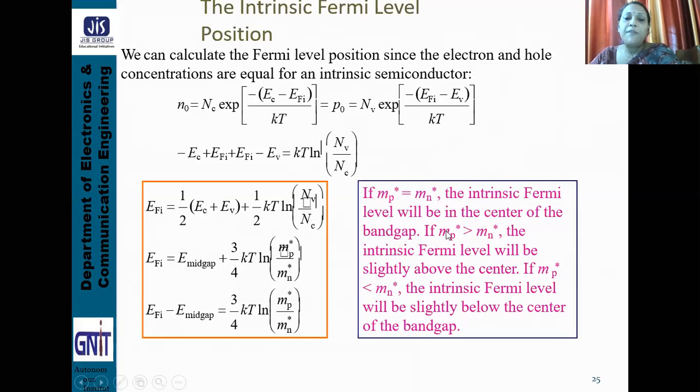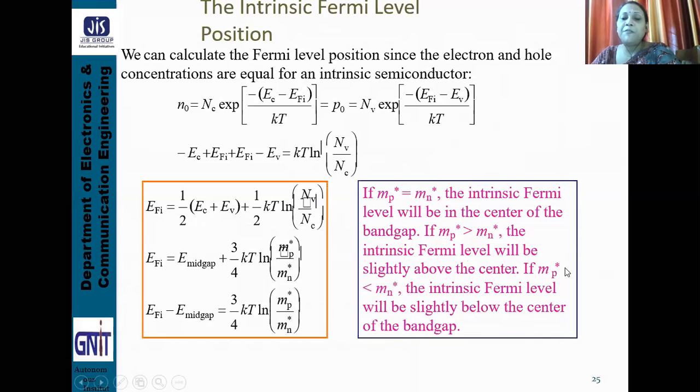So if Mp star, the effective mass of hole, is greater than the effective mass of electron, the intrinsic Fermi level will be slightly above the center, and if Mp star is less than Mn star, that is, the effective mass of hole is less than the effective mass of electron, then the intrinsic Fermi level will be slightly below the center of the band gap.